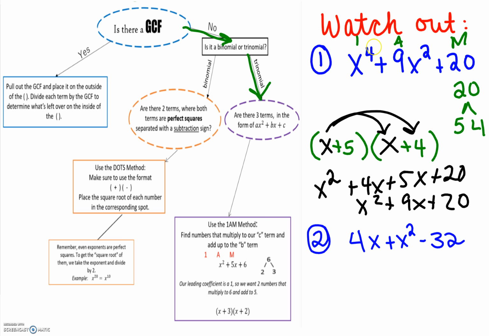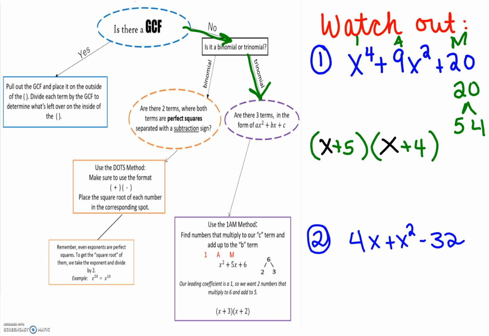But we need an x to the fourth and an x squared. We only have an x squared and an x. So that's not going to work. What we should be thinking is take our variable of x that we placed here and raise it to the second power. Because again, watch what happens when we distribute out. X squared times x squared is x to the fourth.